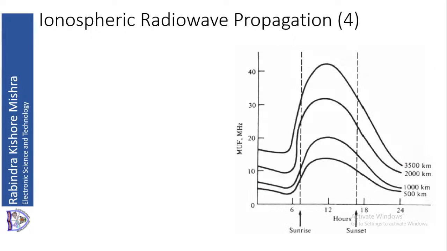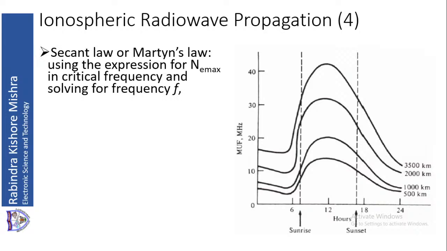So now let us see what is called the maximum usable frequency. That comes from the secant law or Martin's law. This says that if we use the expression for N_emax in the critical frequency and solve for a frequency f, then we will get f equal to 9 root over N_emax into sec psi I. This we have already seen.